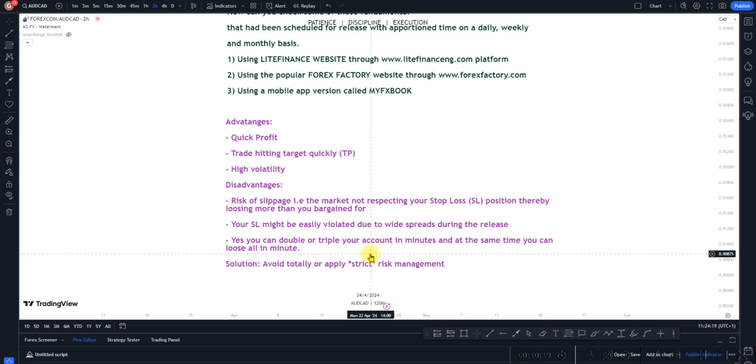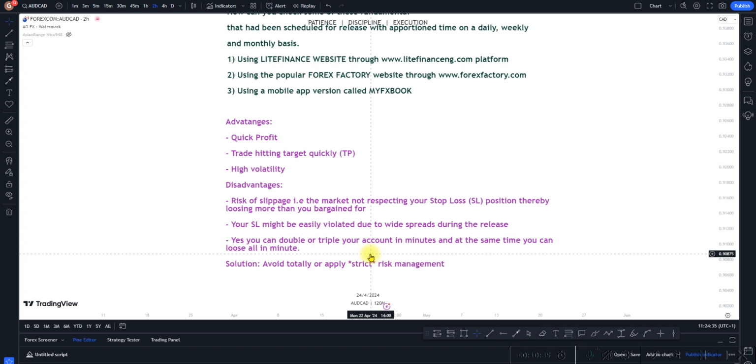So all these disadvantages are not to tell you not to trade the news or not to trade fundamentals. One of the reasons why we check fundamentals is to ensure that you know what is expected for a particular day.